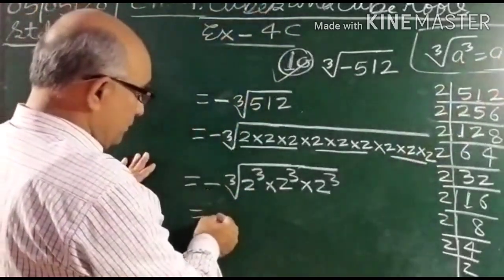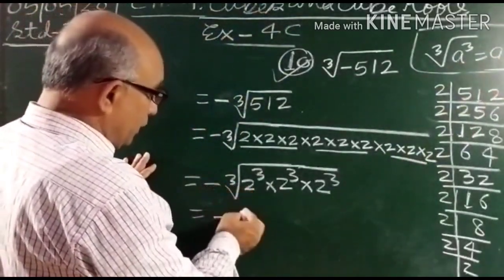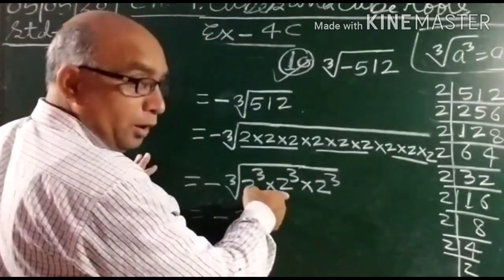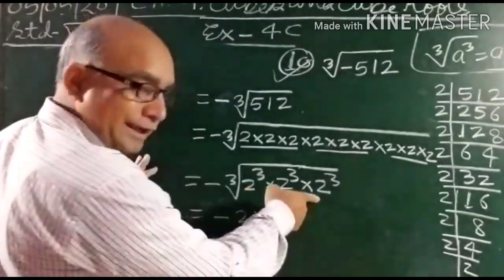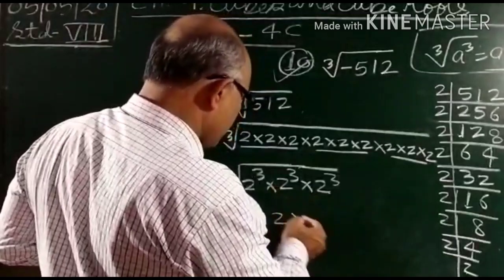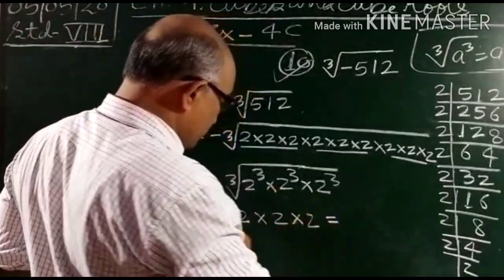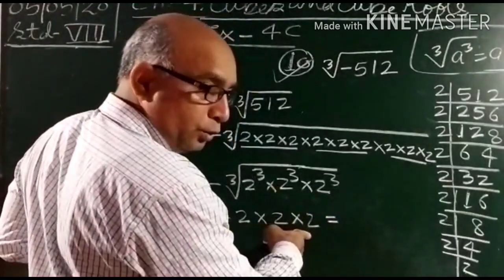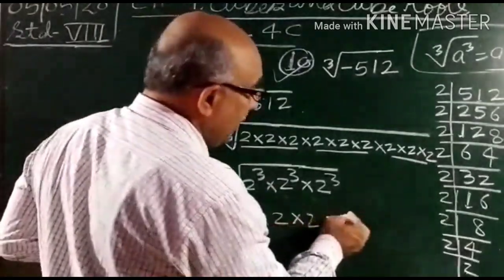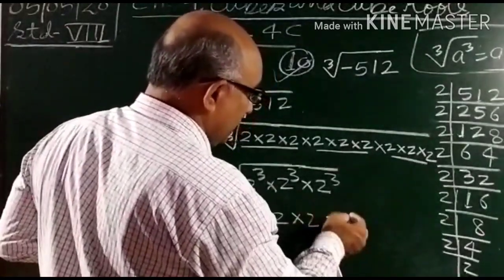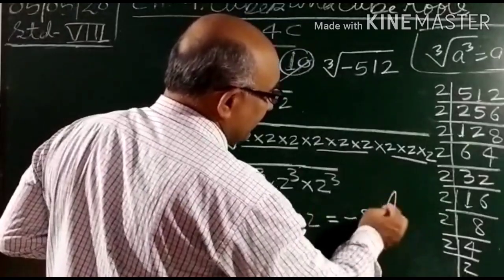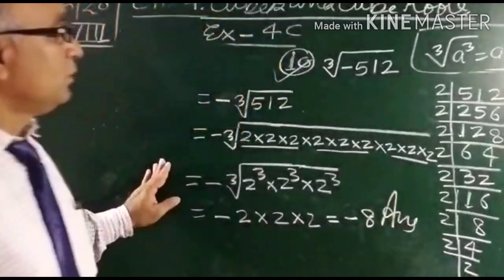So cube root of 2 cube is 2, and the cube root of each 2 cube is multiplied: 2 into 2 into 2. 2 times 2 is 4 and 4 times 2 is 8. And minus 8 is the answer to this question.